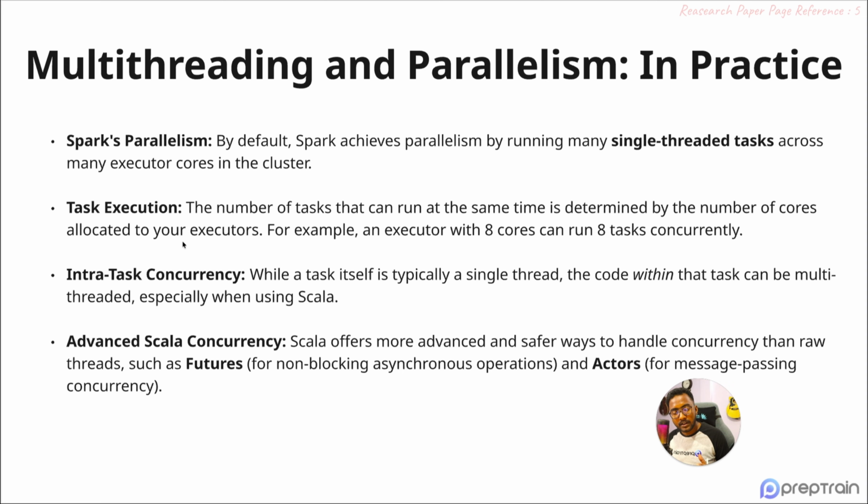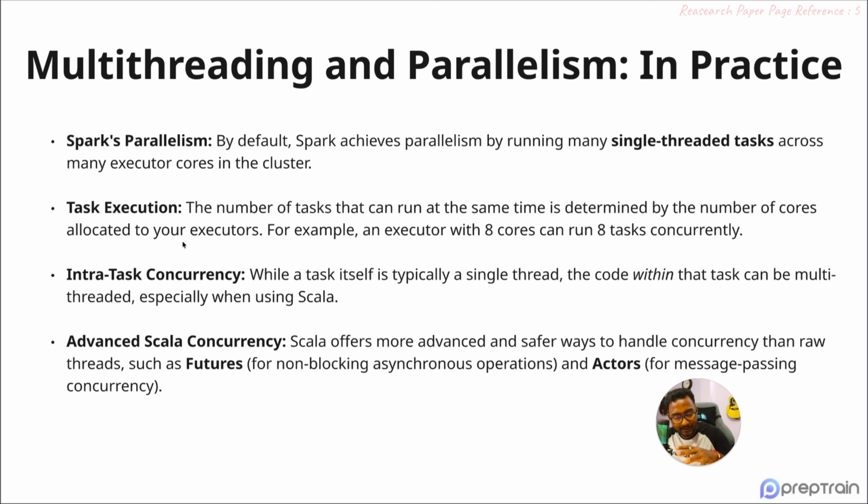By default, Spark achieves its massive parallelism by running many single threaded tasks. It does not rely on your code being multi-threaded. It breaks your job into hundreds or thousands of small tasks, and then runs each of those tasks in its own thread or executor core. This is a very coarse grained and highly scalable model. The task execution flow is controlled by the resources that you have allocated.